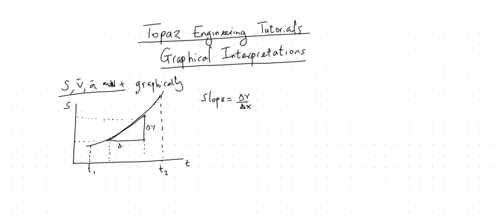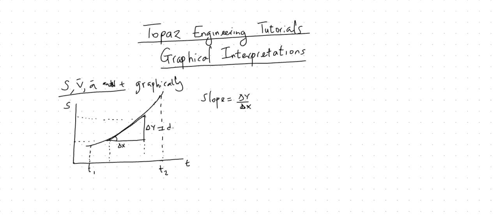If that is a dy and that's a dx, this is the slope you're trying to take, this straight line, the tangent.